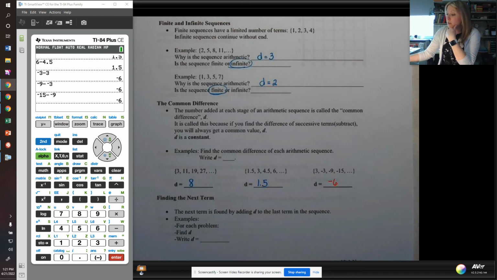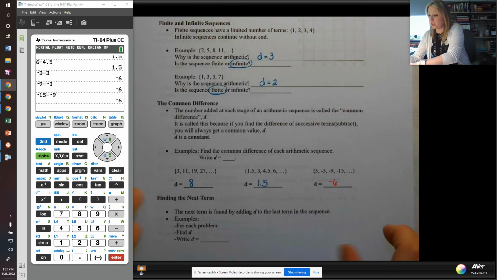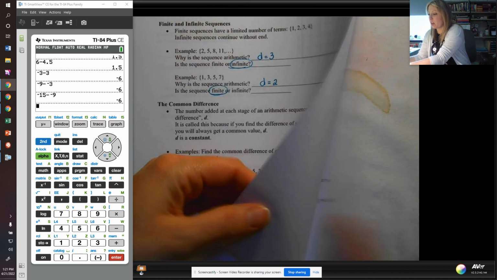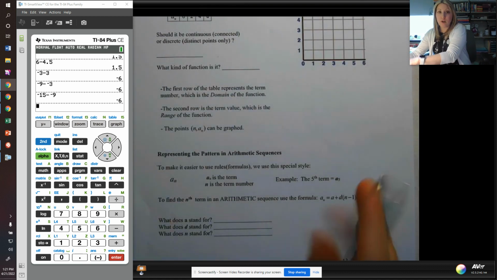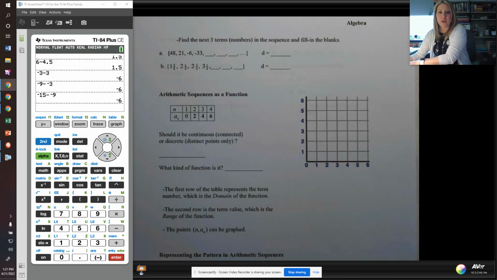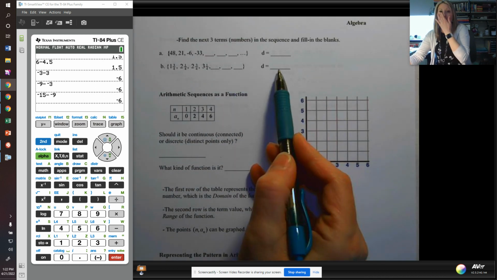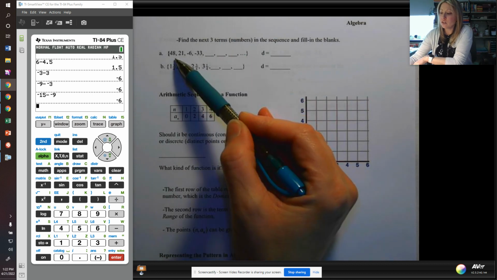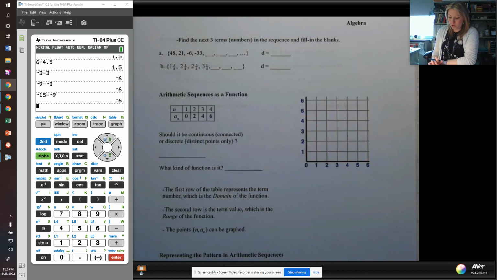Okay. So next up, we are going to continue doing this and fill in some subsequent terms as we go. So let's try this again. Find the next 3 terms. Let's find the common difference, and then let's do some fill in. So here, let's do 21 minus 48.